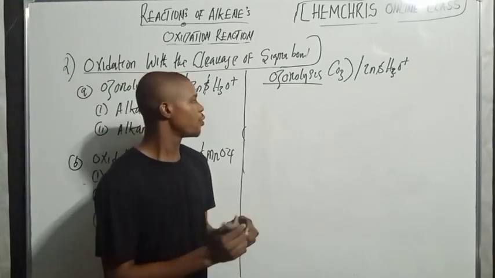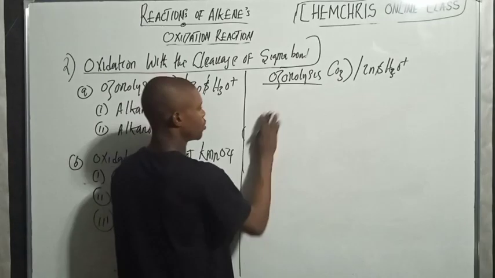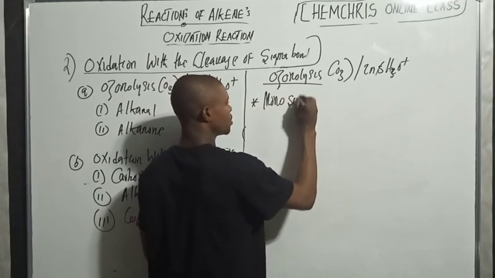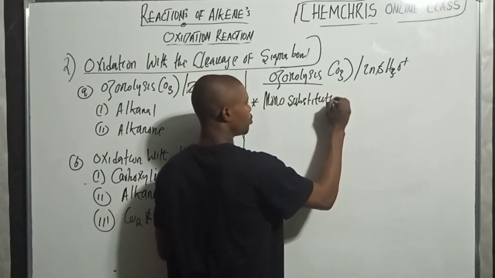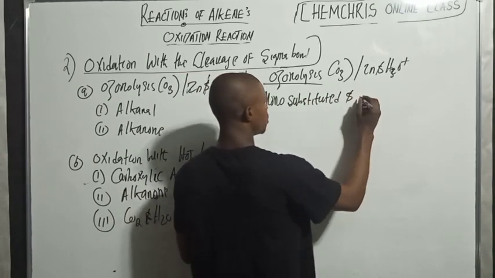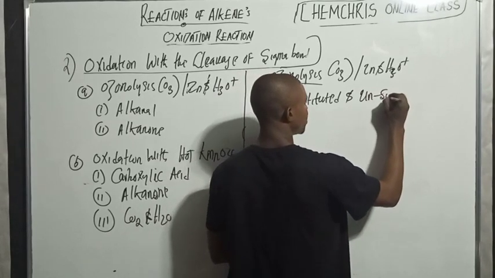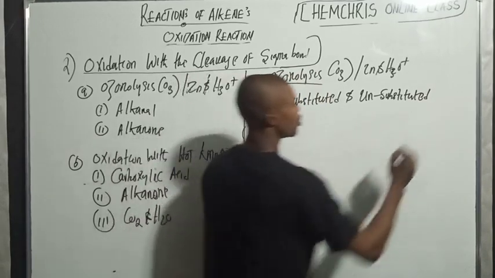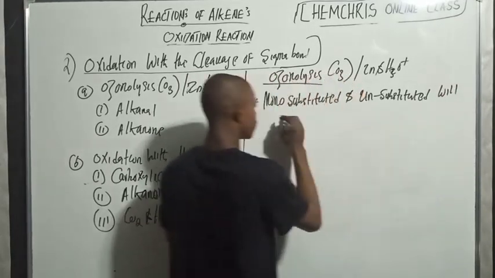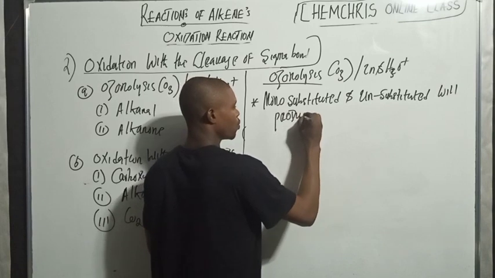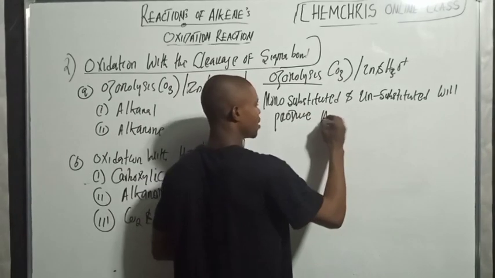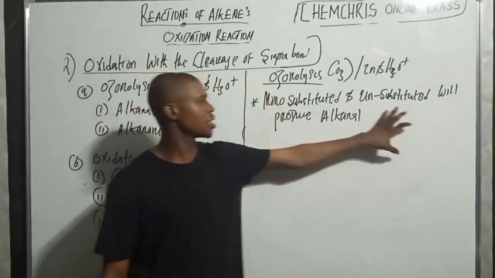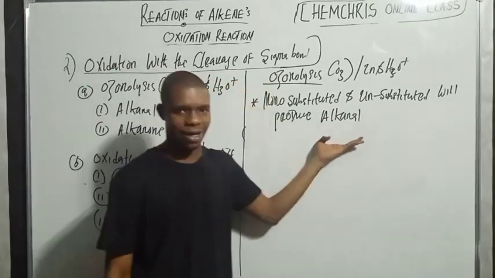So now understand this here. Monosubstituted and unsubstituted, we produce the alkanal. Okay. Now monosubstituted and unsubstituted, we will produce alkanal.